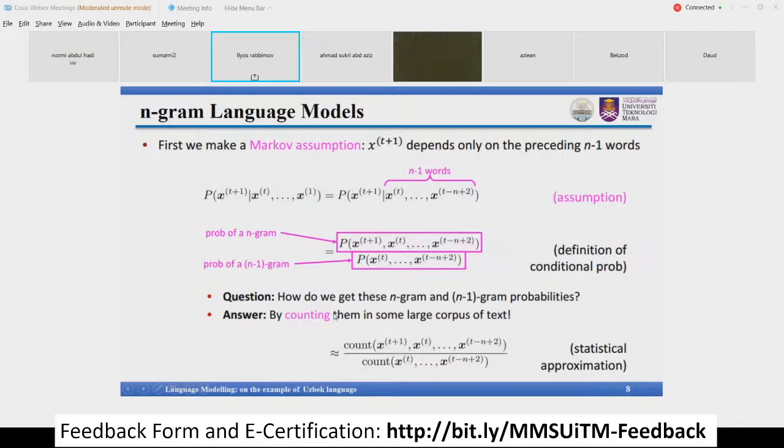We get these n-gram and n minus 1 gram probabilities by counting them in some large corpus, counting sequences of words in the corpus. This is a statistical approximation.